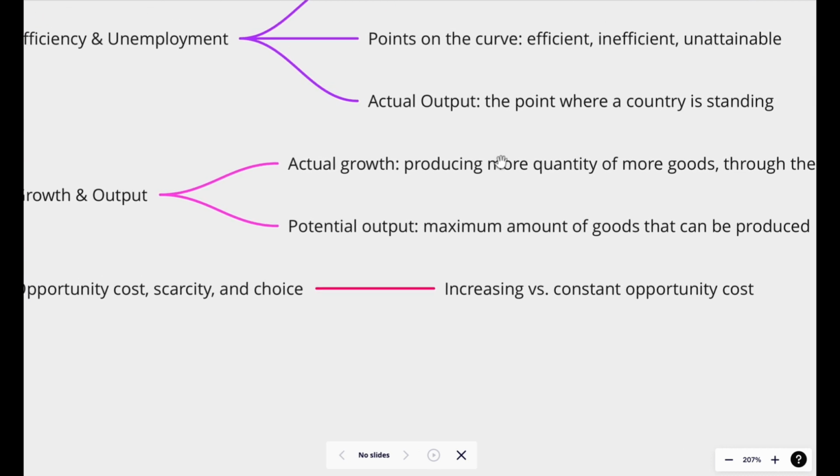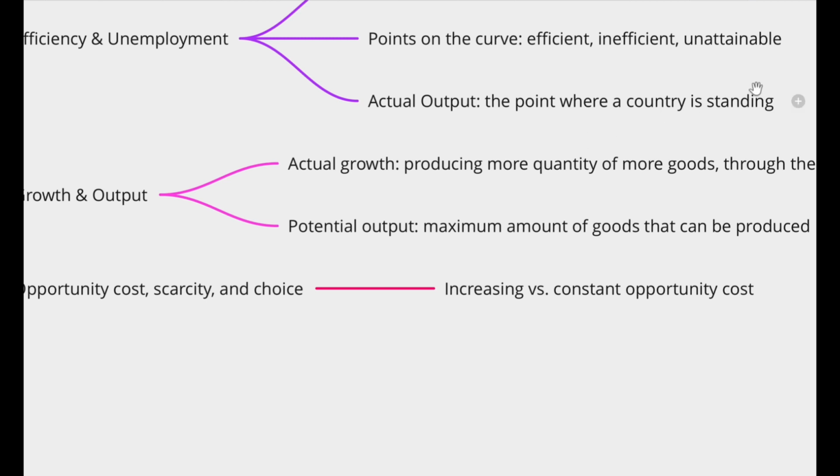Lastly, we're going to talk about the opportunity cost, scarcity, and choice, which links to what we talked about before. Again, reviewing, opportunity cost is what is sacrificed when an economic decision is made, and this is shown on the PPC.